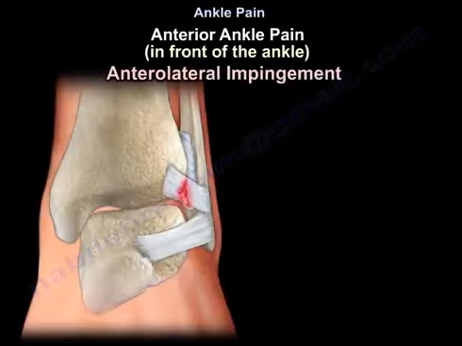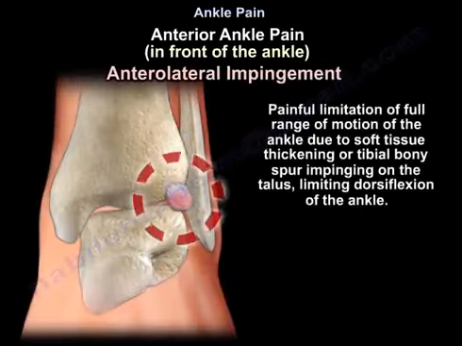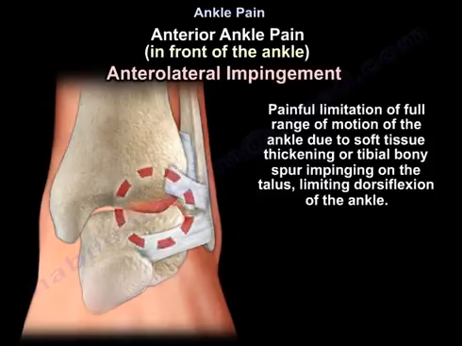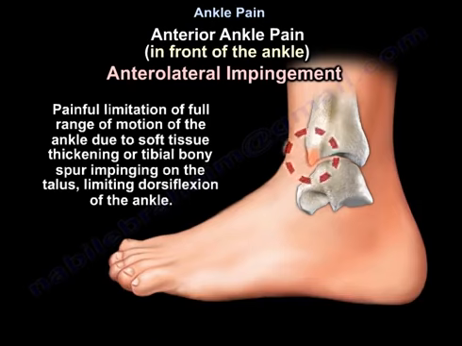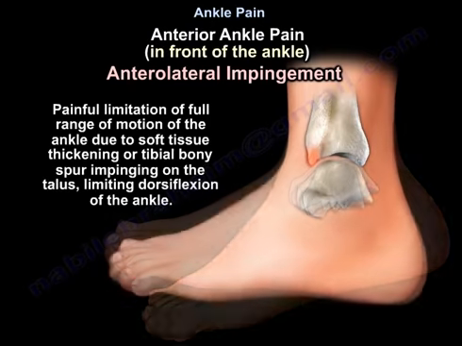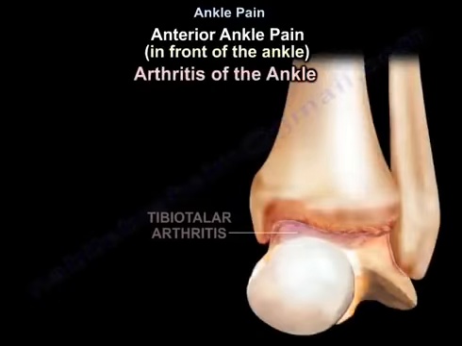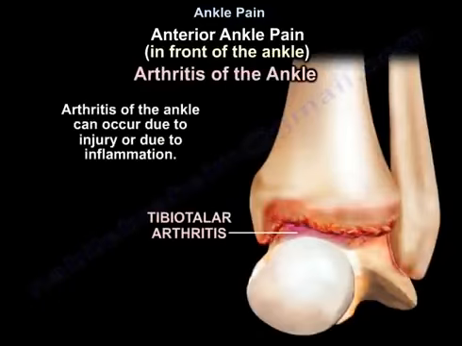Anterolateral impingement means there is painful limitation of full range of motion of the ankle due to soft tissue thickening or tibial bony spur impinging on the talus, limiting dorsiflexion of the ankle. Arthritis of the ankle can occur due to an injury or inflammation.